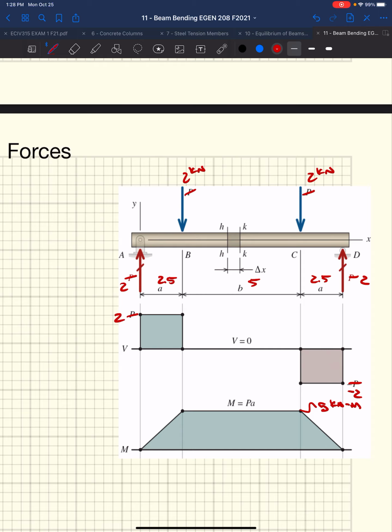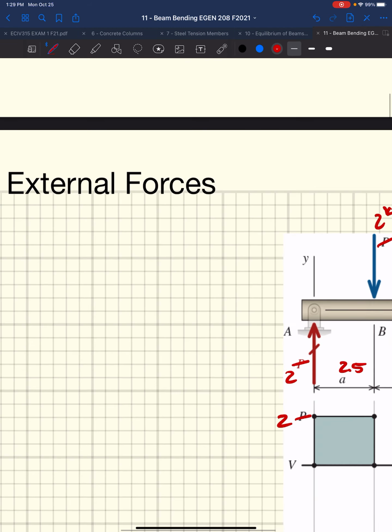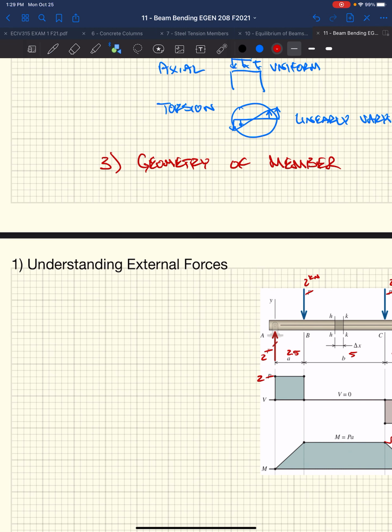Well, if we look at this sliver, if we cut out a section of our beam that goes from point H to point K, and it's some length long. This could be 1 inch, this could be a foot. But if we look at some small increment of this beam, and we call it delta x, or a change in distance, and we pulled that out, and then I drew a nice square.